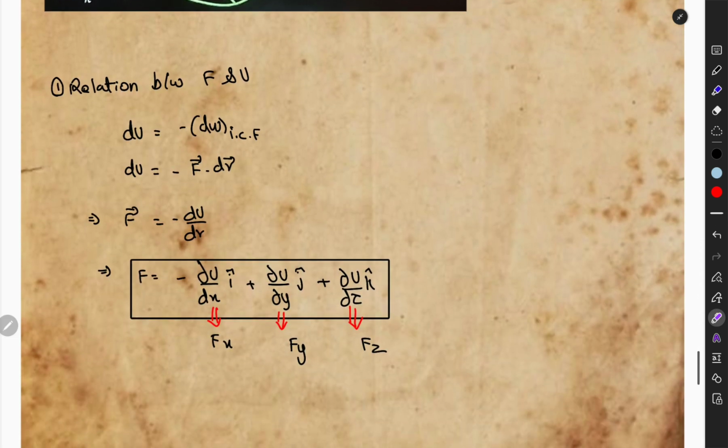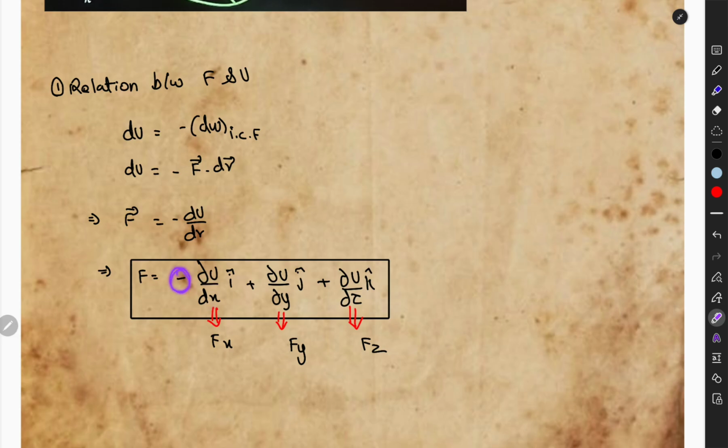Right. Next thing is the relation between F and U, force and potential. Basically, the partial differentiation of the potential will give you the force. So if you want the force, you need to differentiate dU by dx, keeping the other variables constant.